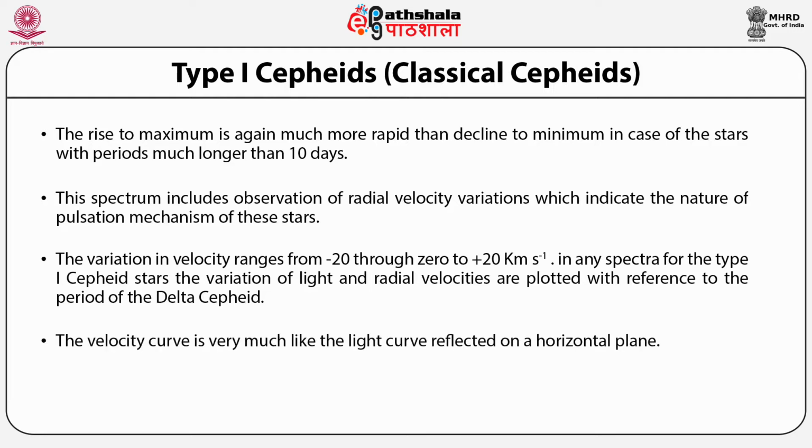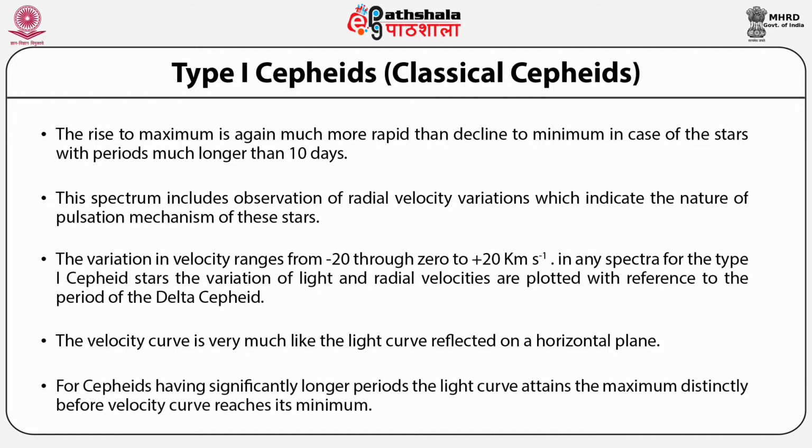The velocity curve is very much like the light curve reflected on a horizontal plane. The maximum for the light curve occurs at a point where the velocity curve reaches the minimum and vice versa. For Cepheids having significantly longer periods, the light curve attains the maximum distinctly before the velocity curve reaches its minimum.